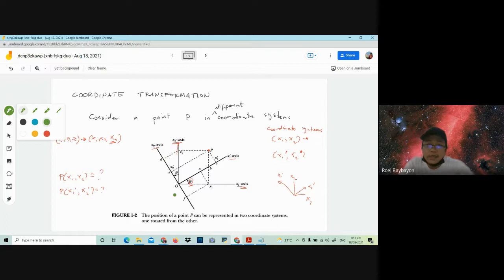I will give you the answer first, but you derive where the equation comes from. Using trigonometry, as you notice, this one is my x1 prime, the green one. This is the length of x1 prime.